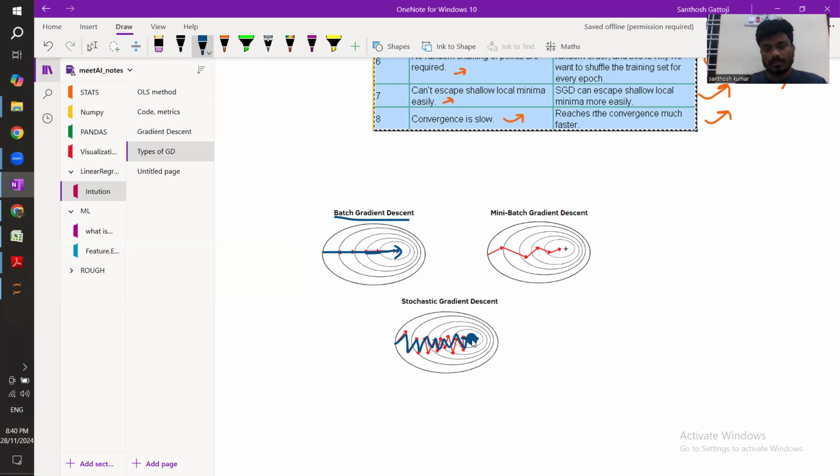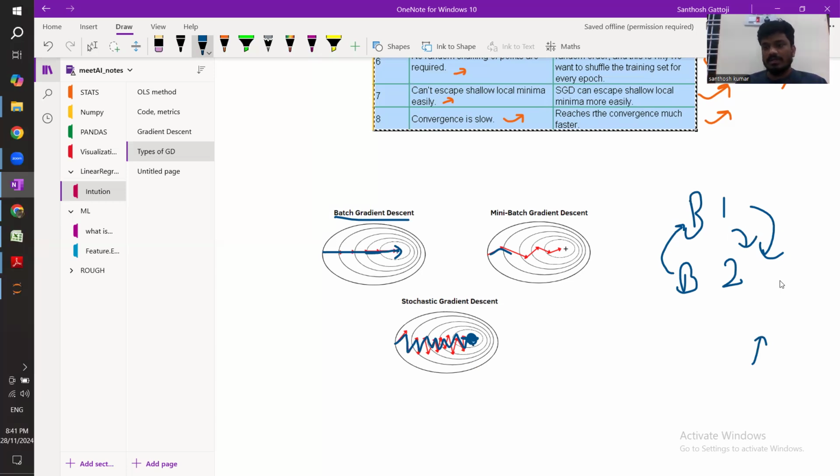But mini batch might also have some fluctuations, but not that much. That means if you have batch one and batch two, because of different data points, sometimes this batch might perform better or worse than that one, but there may be few fluctuations, not as much, because we are considering more data points.